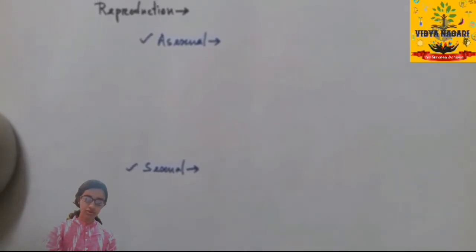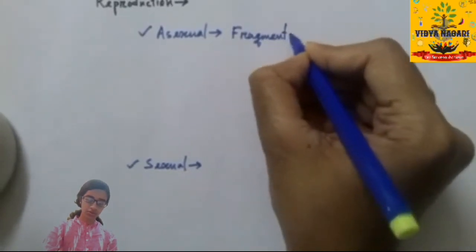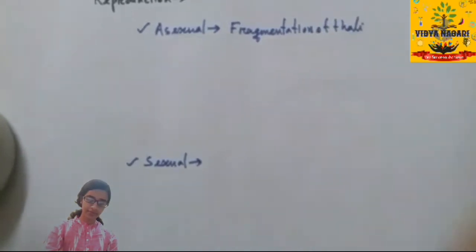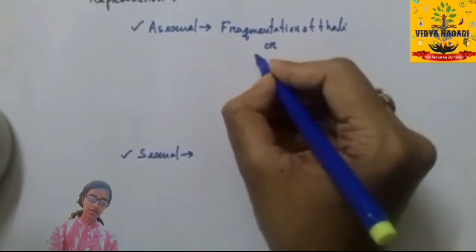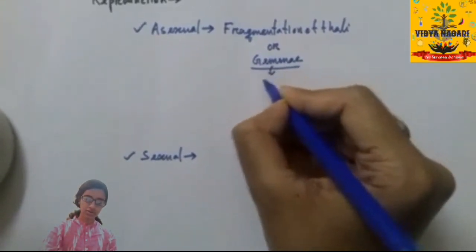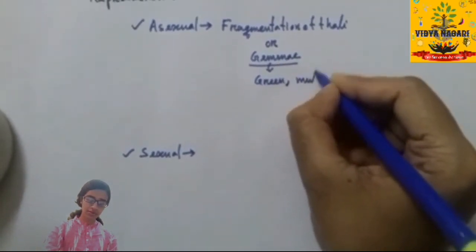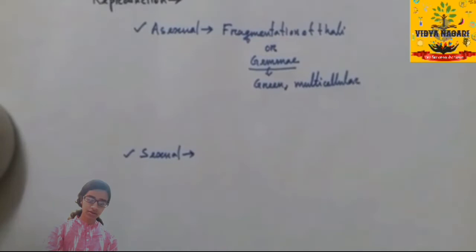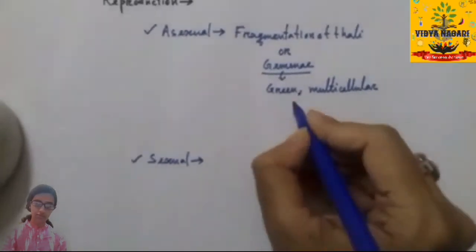Asexual reproduction occurs by fragmentation of thalli or by formation of gemmae. These gemmae are green multicellular buds which develop in small receptacles called gemma cups located on the thalli.